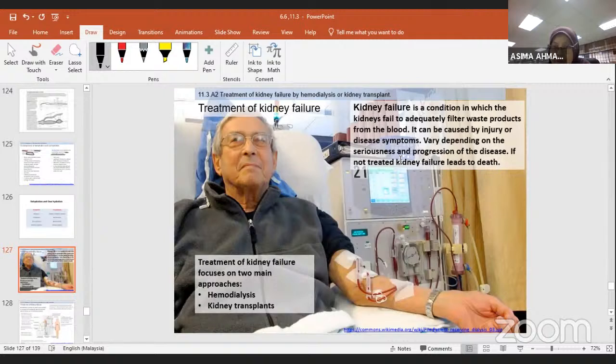All right, and then if not treated, kidney failure leads to death. Because kidney filter out toxin from the body. So kidney failure will result in toxin to accumulate in our body. All right, so that's why they will lead to death.